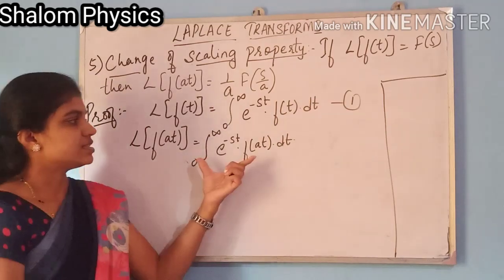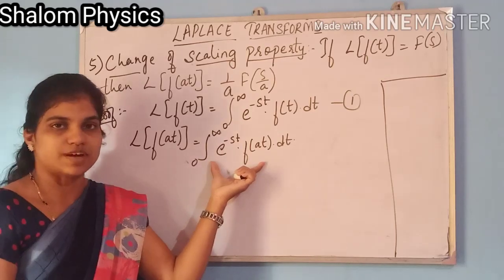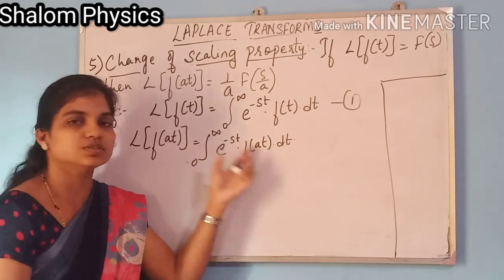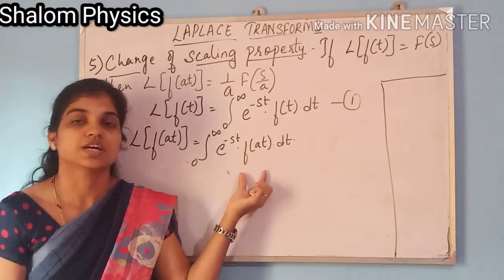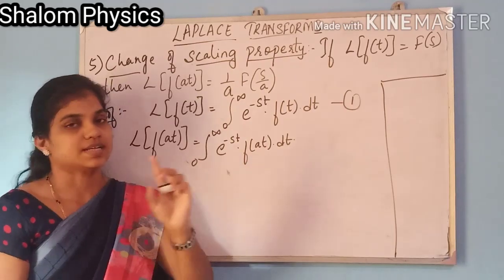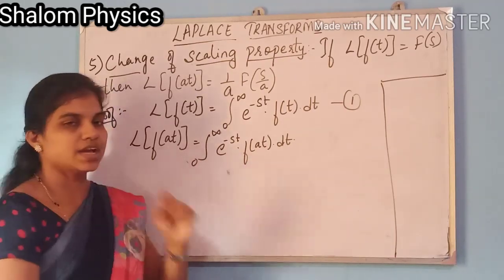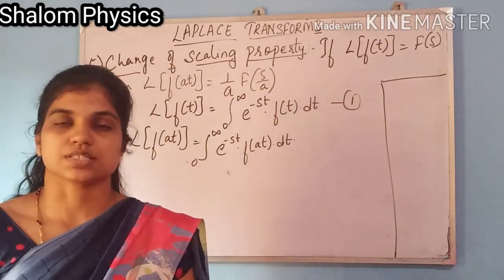Now, this is difficult to simplify because we have nothing to simplify here. We have e raised to minus st and we have the function which is with respect to a constant and a time. What we have to do here is we will take the help of mathematics.